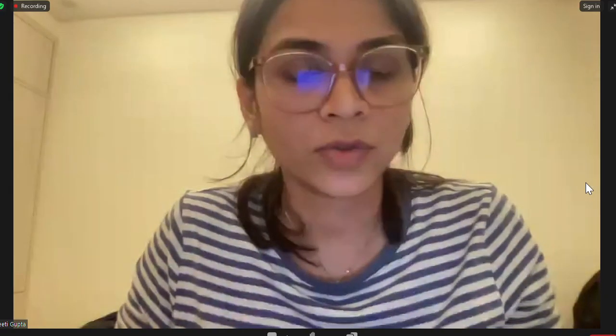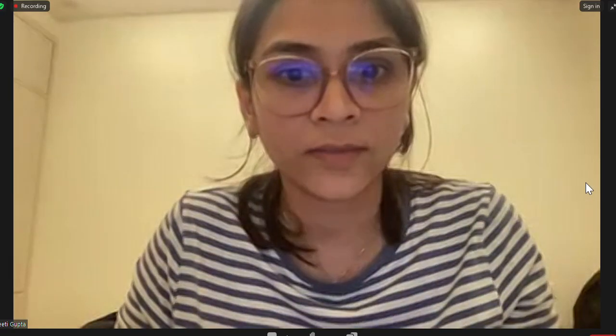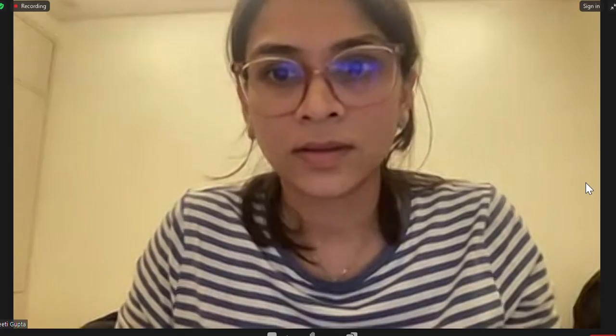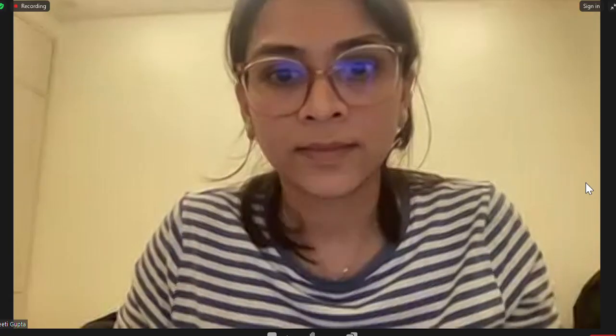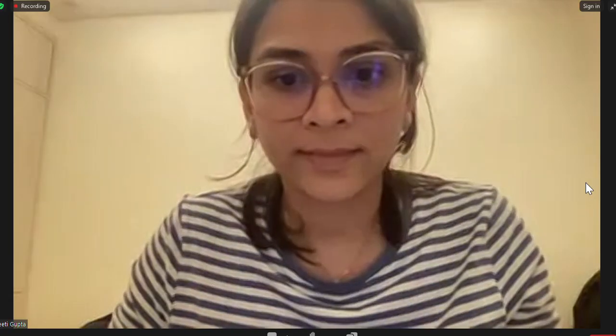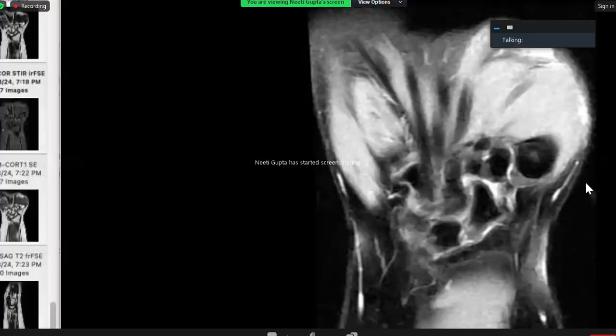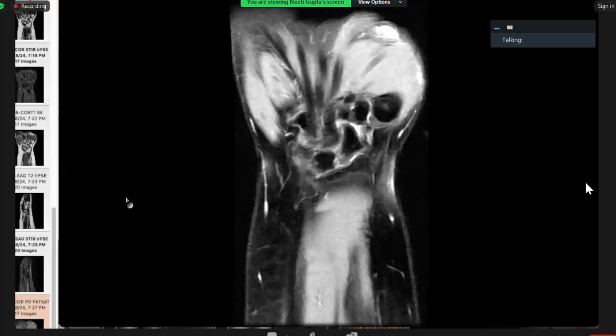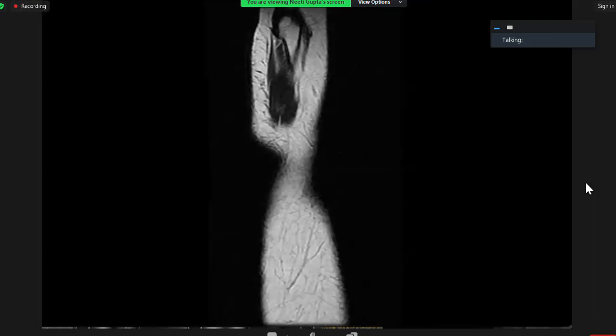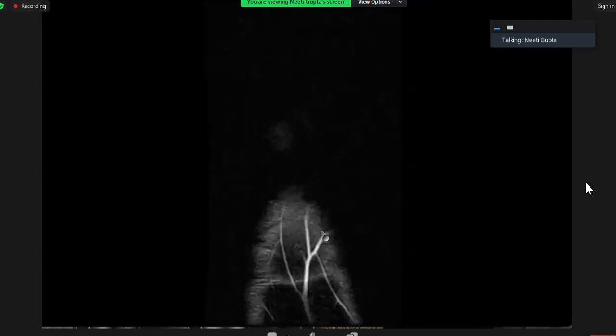I'm also showing you all the MR images now. Okay. So these are the MRI images of the same patient.